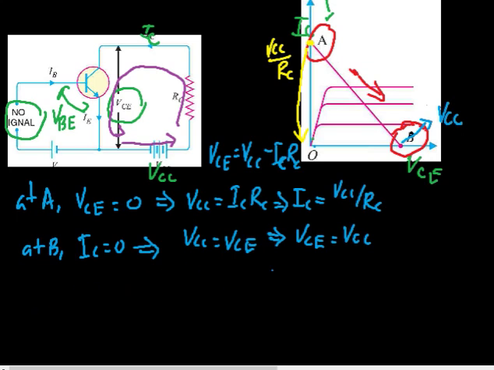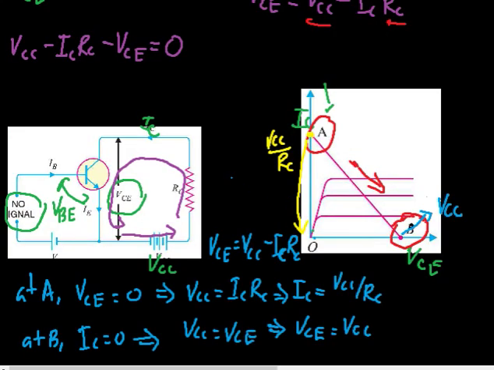Now we can say that this, we call it the DC load line because we are considering only the DC voltages, gives the same information as that given by the output characteristics.